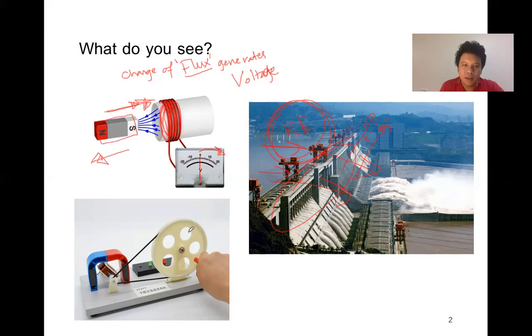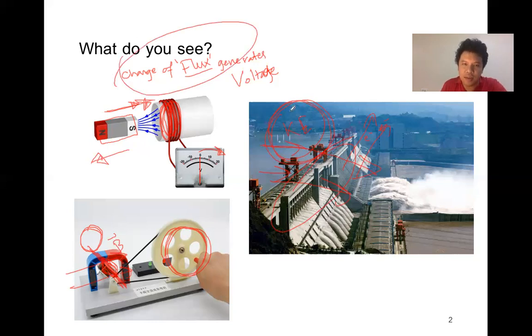Then we transform this machine into another form. We have the conducting coil in this form, and we plug it into the machine so that it can rotate. When we rotate the conducting coil under a magnetic field, we see the same phenomenon.